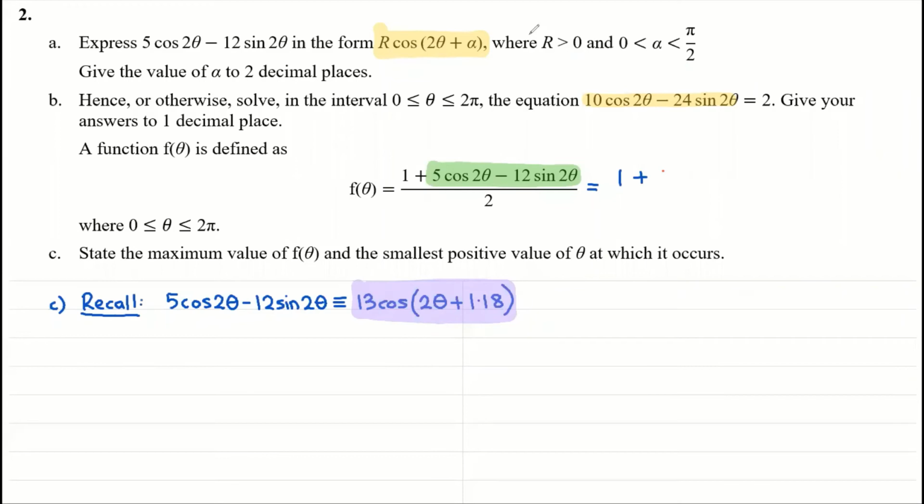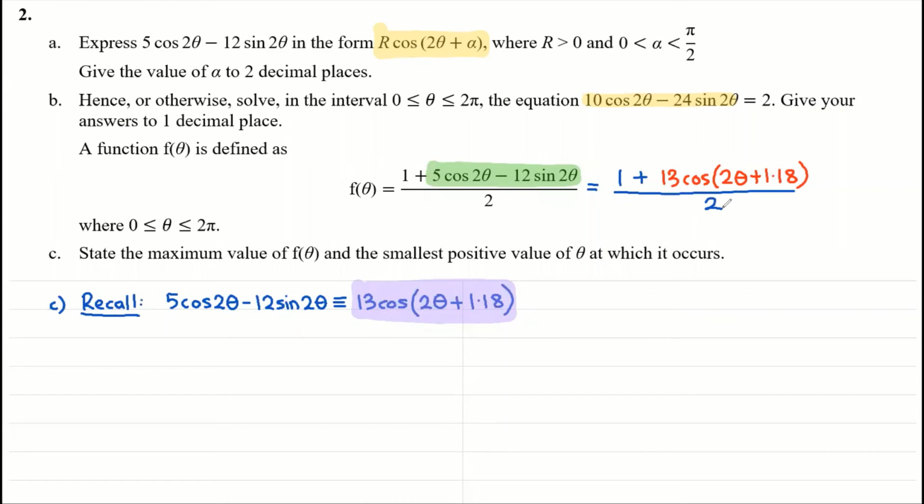So it's going to be 13 cosine of 2 theta plus 1.18. And then all this is going to be divided by 2. Right. So that's interesting. So that's our f theta.